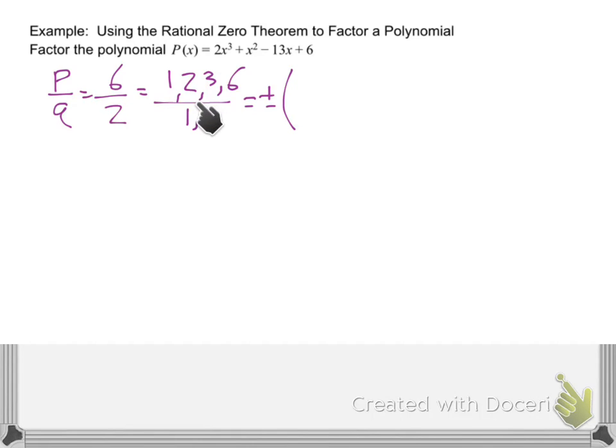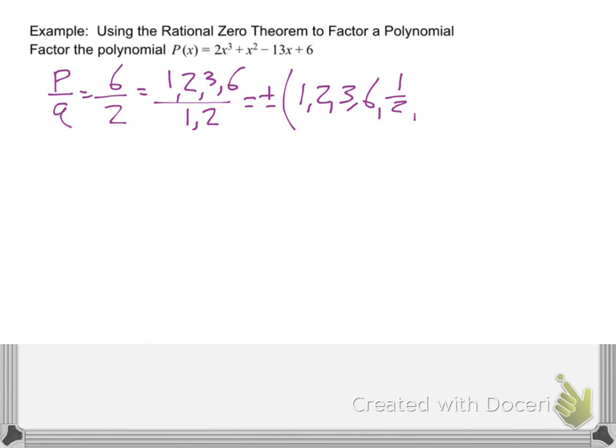If I divide anything by 1, it's that number. So I got 1, 2, 3, 6. I go back, cover up 1, and divide them all by 2. I only need to add the ones that are not already on my list. 1 divided by 2, so half. That's not there. I better put it in there.